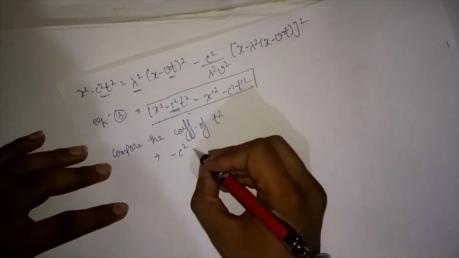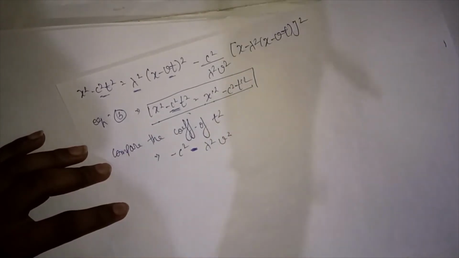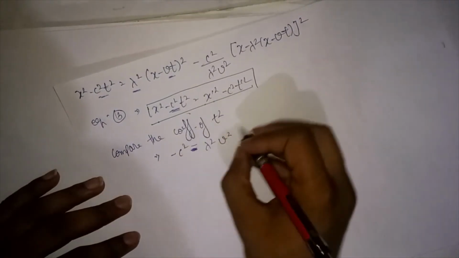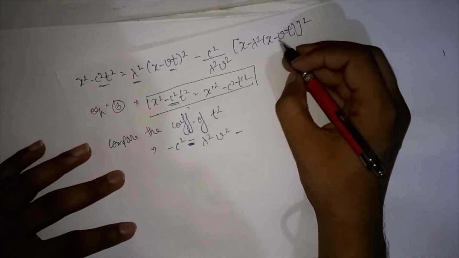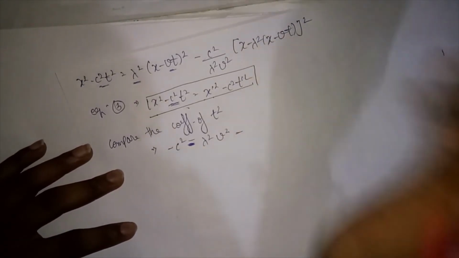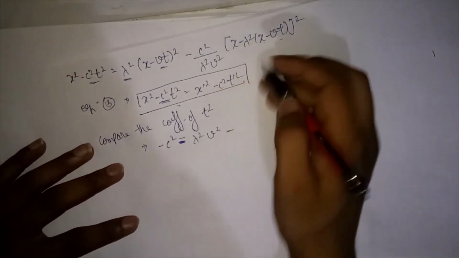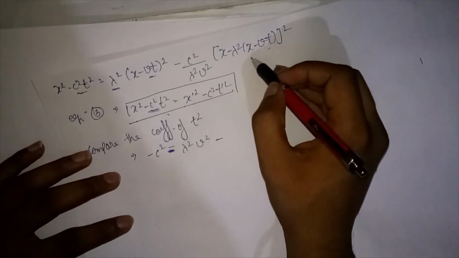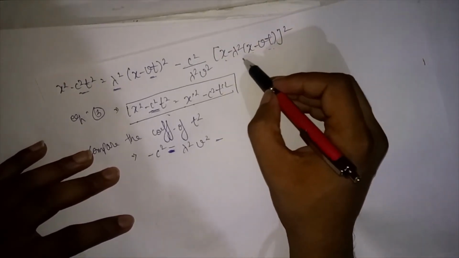So it becomes minus of lambda square v square equals minus, and here we will get, when we multiply this, as we are considering only the coefficient of t square, x square is not of our use, and the same with x.